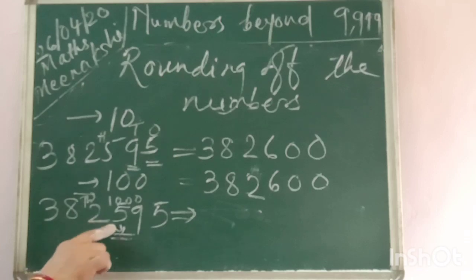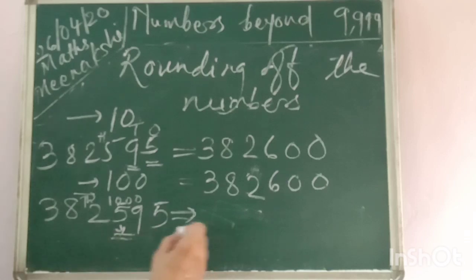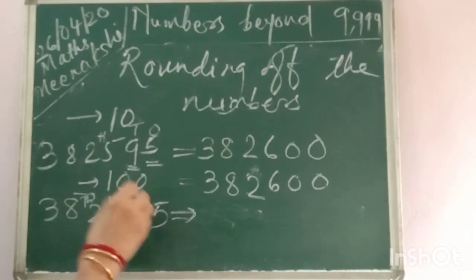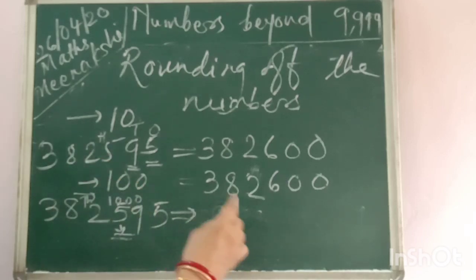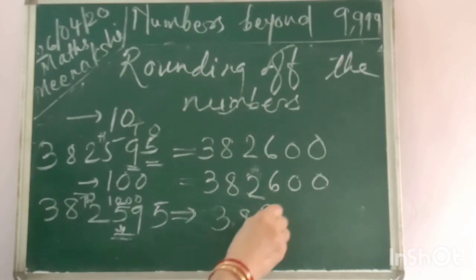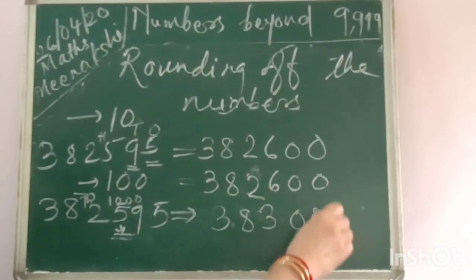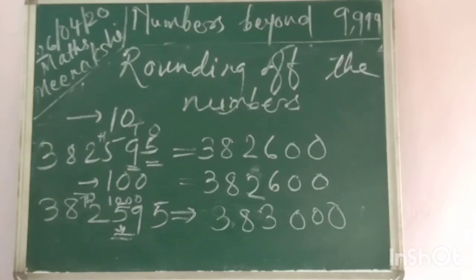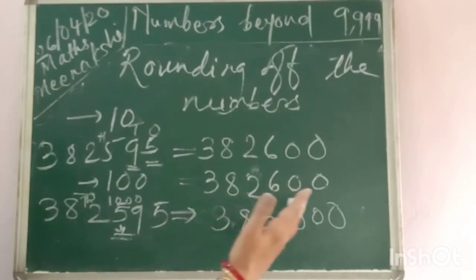So the digit at the 100 place is 5, and the digit at the 1000 place will increase by 1. It will go to the next 1000, and hence after rounding off to the nearest 1000, this will be 383,000. It will be 3 lakhs 83,000.